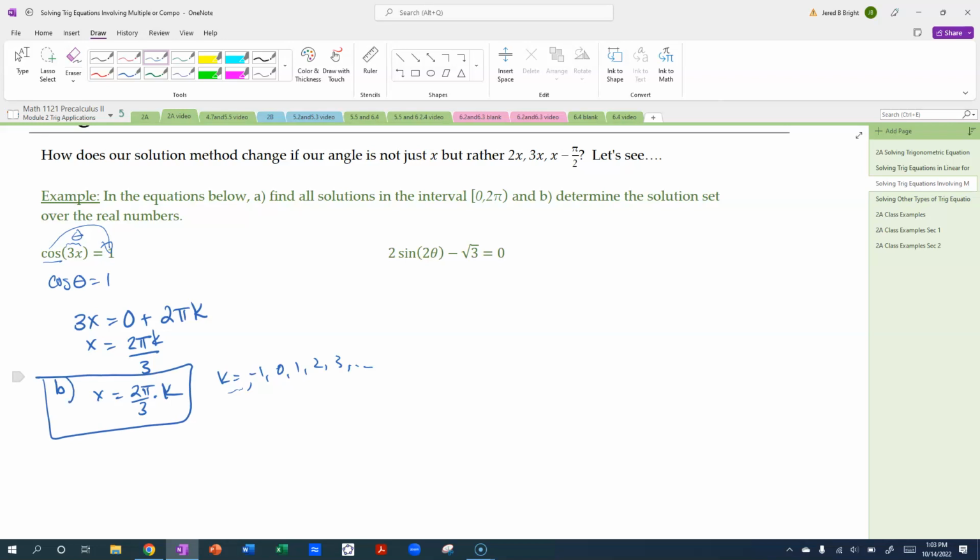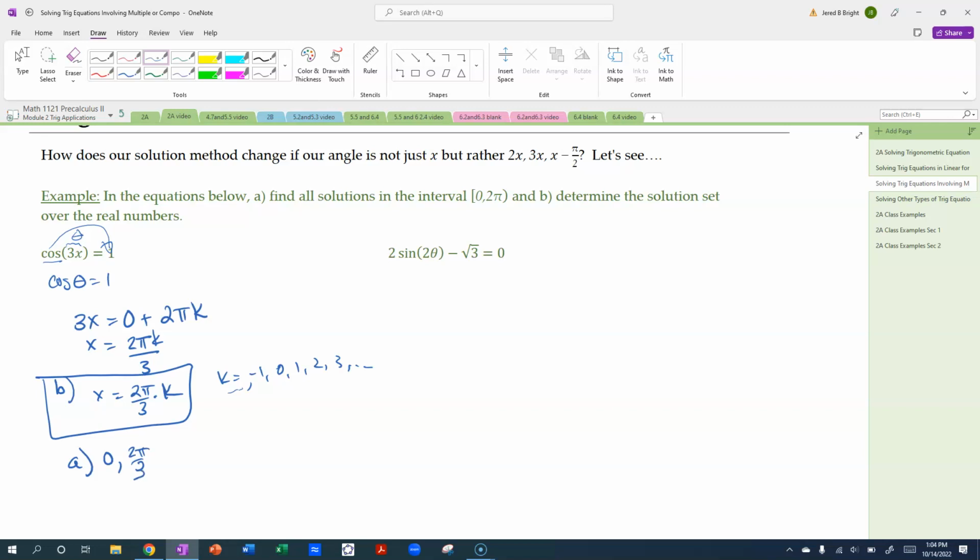For A, now I need to think, okay, 2 pi over 3, and then k is a number: 0, 1, 2, 3. Certainly there's 0 if k was 0. I'm actually just testing values. If k was 1, it would be 2 pi over 3.